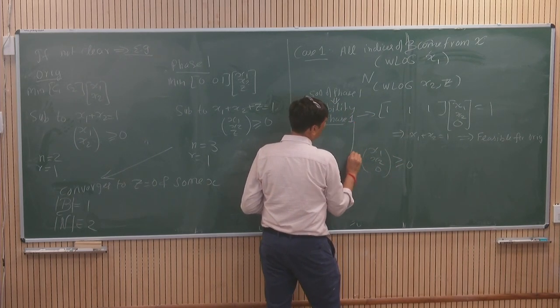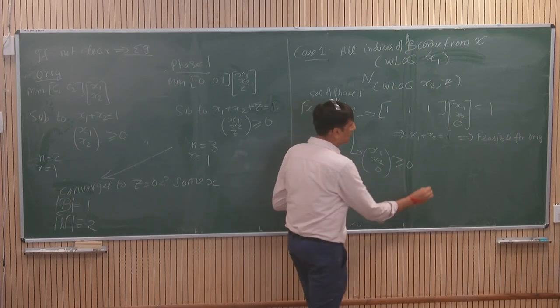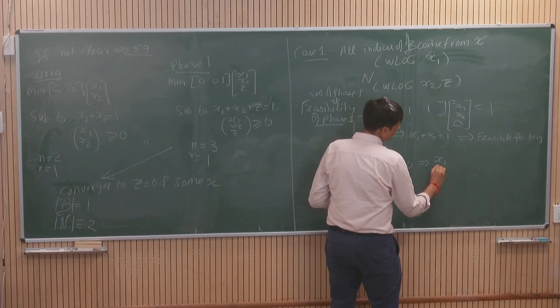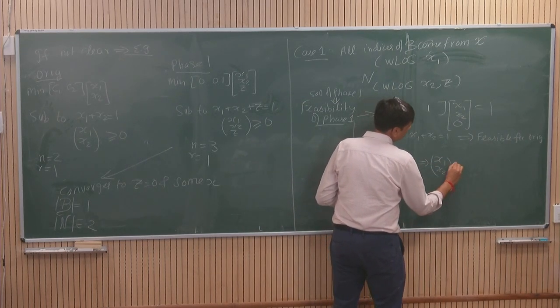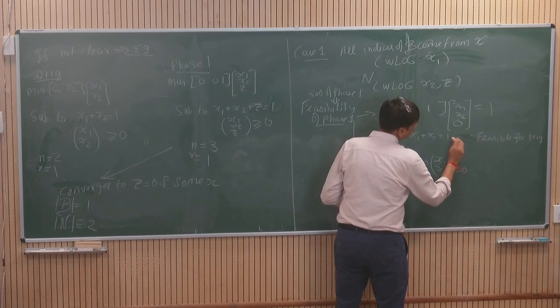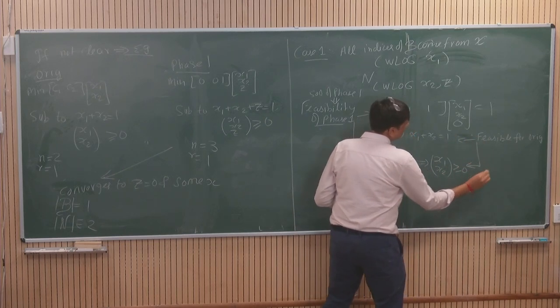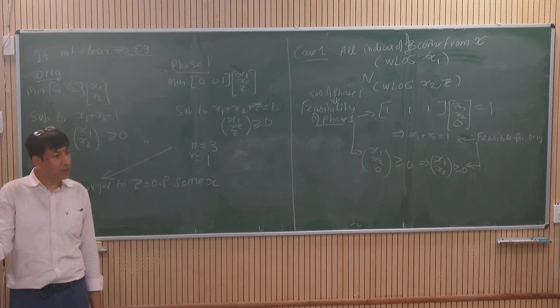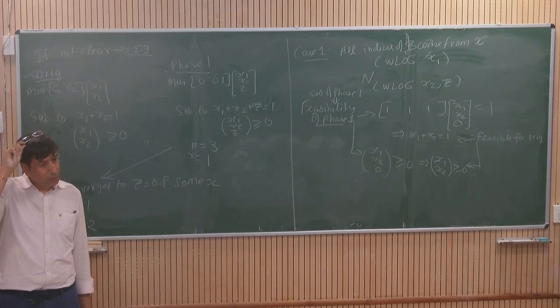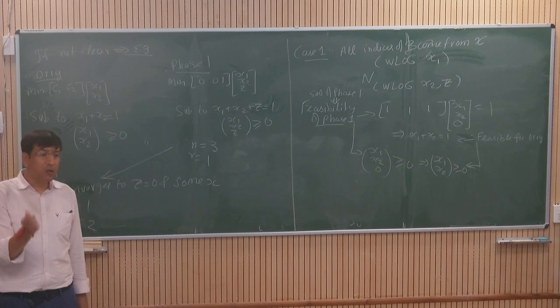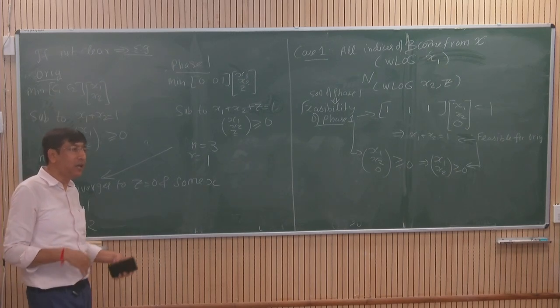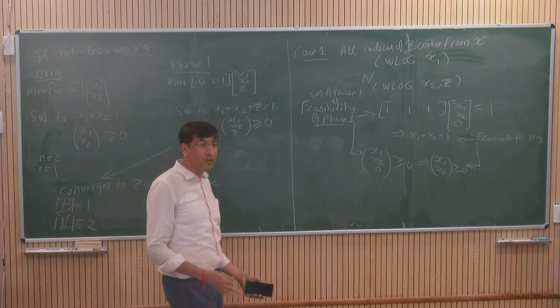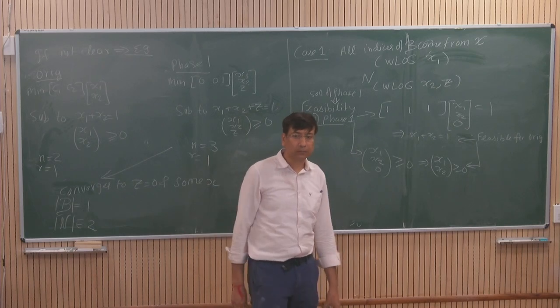The feasibility is giving two things to us. So this would imply that x1 and x2 are greater than or equal to 0. So aren't we done with the feasibility? The solution of the phase 1 problem is giving us a feasible solution of the original problem, which we knew from the theorem. Now we are working with the indices as well. We know which indices are falling and which are thrown out.